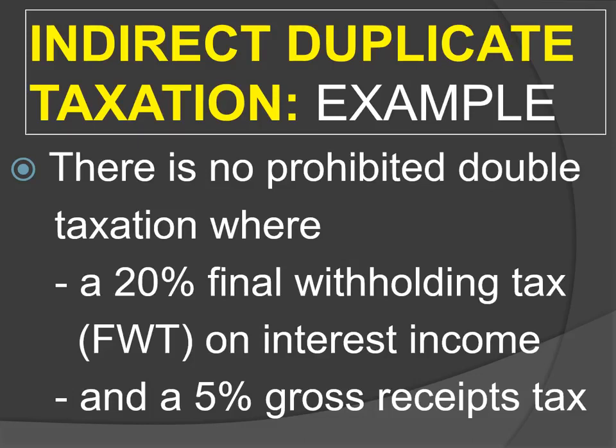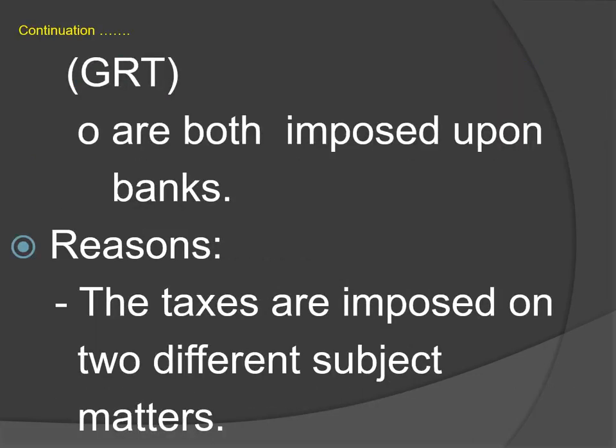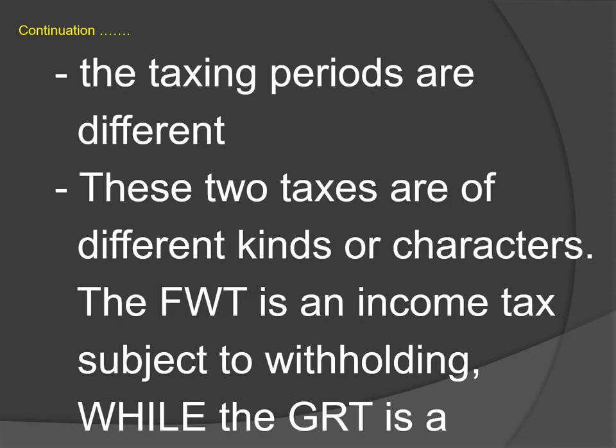For example, you have this case of a bank. It was held that there is no prohibited double taxation where a 20% final withholding tax on interest income and a 5% gross receipts tax are both imposed on banks. Why? The taxes are imposed on two different subject matters. The taxing periods are different.